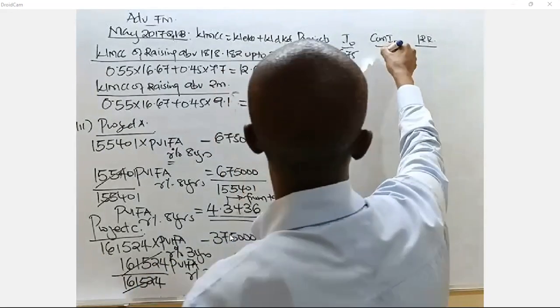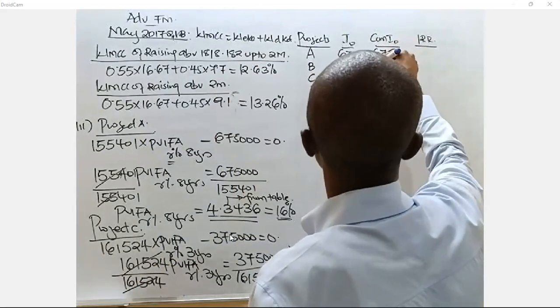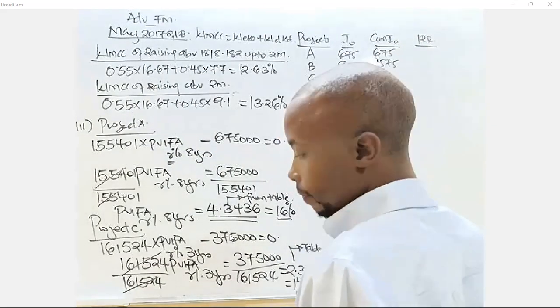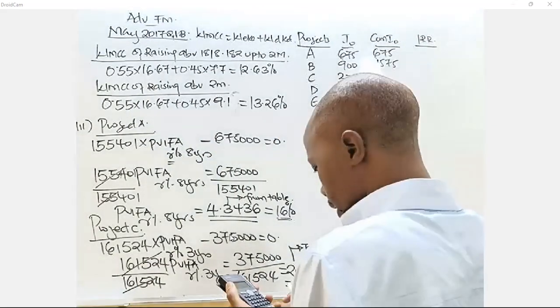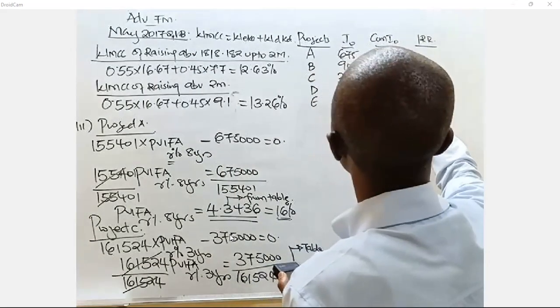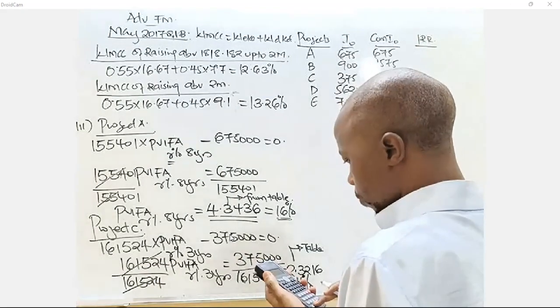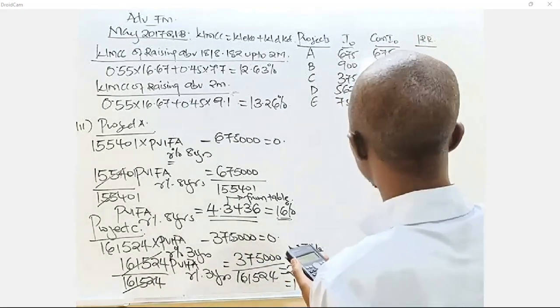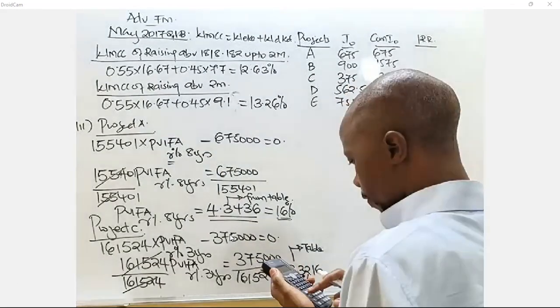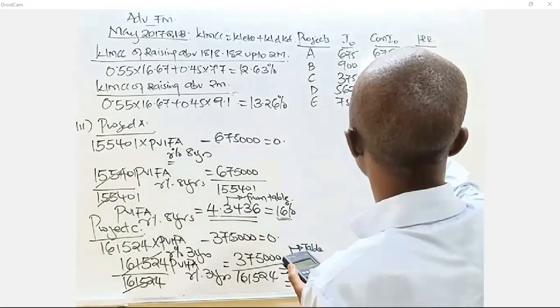Accumulate them: 675, plus 900 is 1575. So 1575, we add 375, getting 1950, plus 562.5, getting 2512.5, plus 750, getting 3262.5.